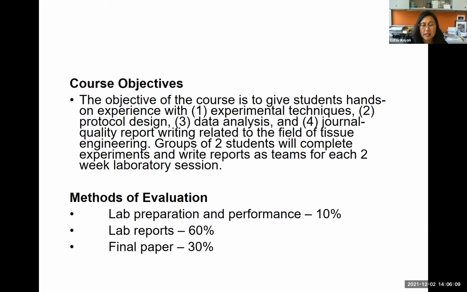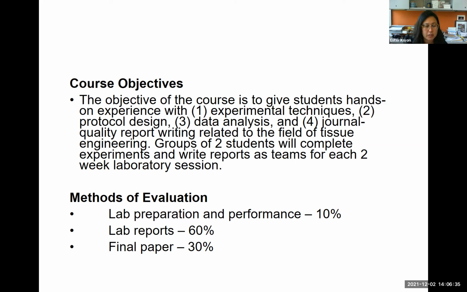So the course is designed to give students a hands-on experience with experimental techniques in tissue engineering. And so we'll go through a variety of basic and well-known types of procedures and questions throughout the course. There'll be 5 modules, and each module is roughly 2 weeks, and each module will be done in groups of 2 students generally.